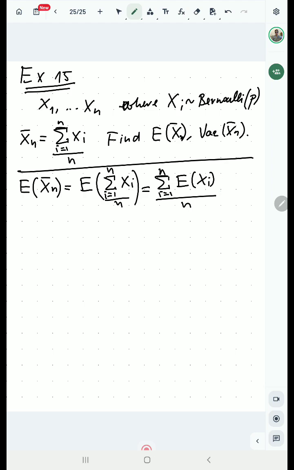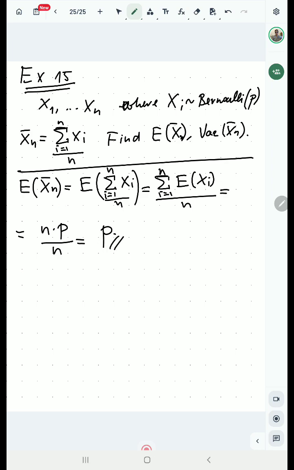Each xi has expectation equal to the probability of success p. So it's equal to n times p, since we have n such x's, each with expectation p. Divide by n, and in the end you receive p. So the expectation of x bar n, the sample mean, is equal to p.